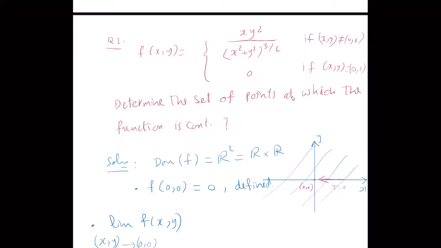I think the same will happen in the other direction, the y-axis. Put x = 0, we get the same situation. We can try the line y = mx, which passes through the origin, and see whether this depends on m or not. If it depends on m, it varies from one line to another.